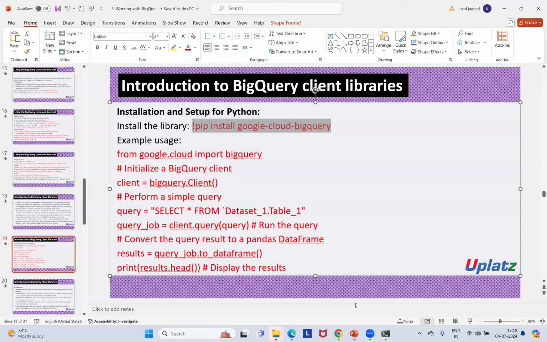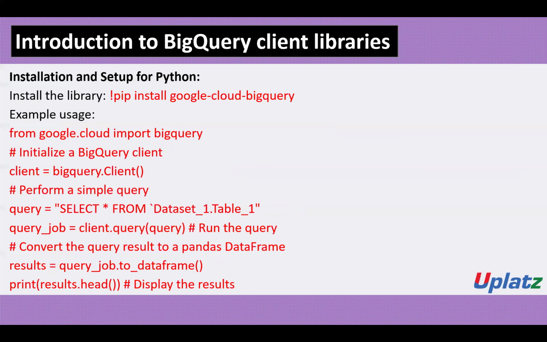Now once you have installed and set up for Python, you can make use of, for example, Jupyter Notebook, because you have installed the Google Cloud BigQuery library, in order to interact with your BigQuery.